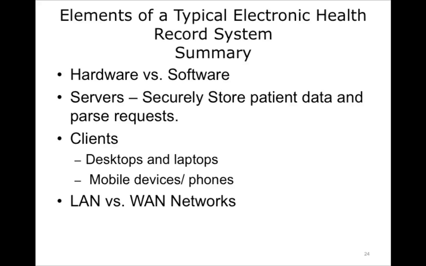A network could be defined in local terms, called a LAN, or encompassing a wide geographical area, called a WAN, and can use a variety of protocols to transmit data, including popular protocols such as Ethernet and Wi-Fi. Network capacity and usage requirements should always be considered when integrating an EHR into an existing computing environment.